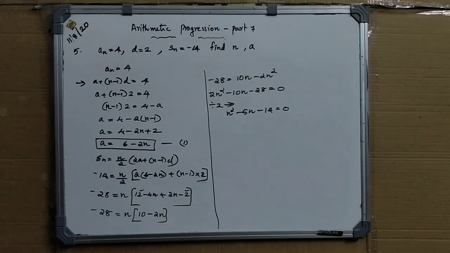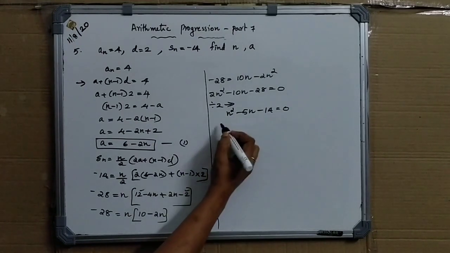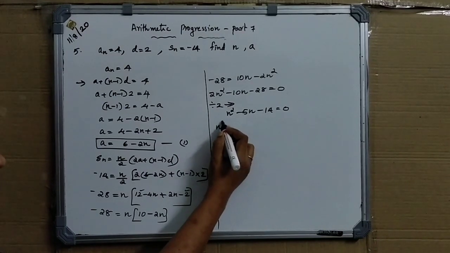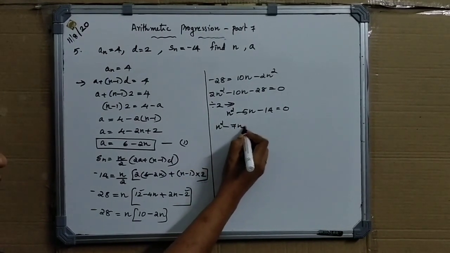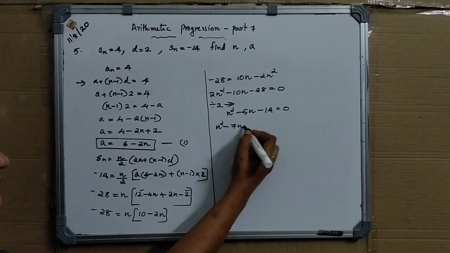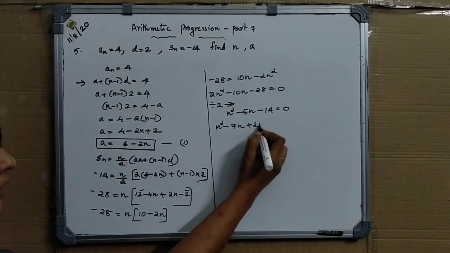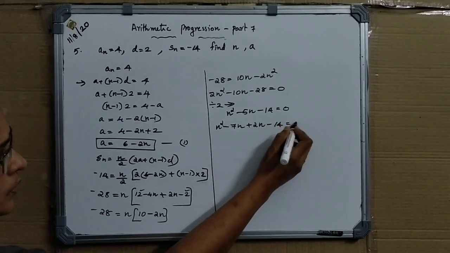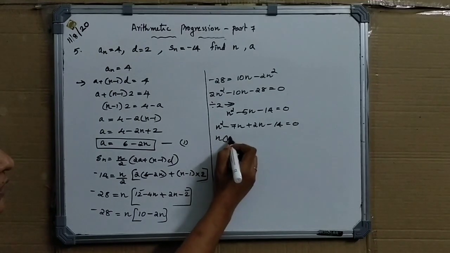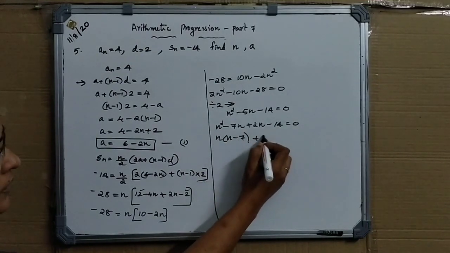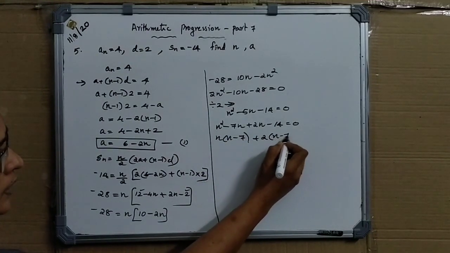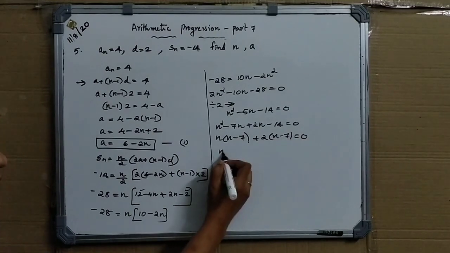Now we can solve for n using quadratic formula or splitting of middle term. So you can use splitting of middle term, that is to get minus 5n, I take minus 7n and 2n, minus 14 equal to 0, n into (n minus 7) plus 2 into (n minus 7) equal to 0.